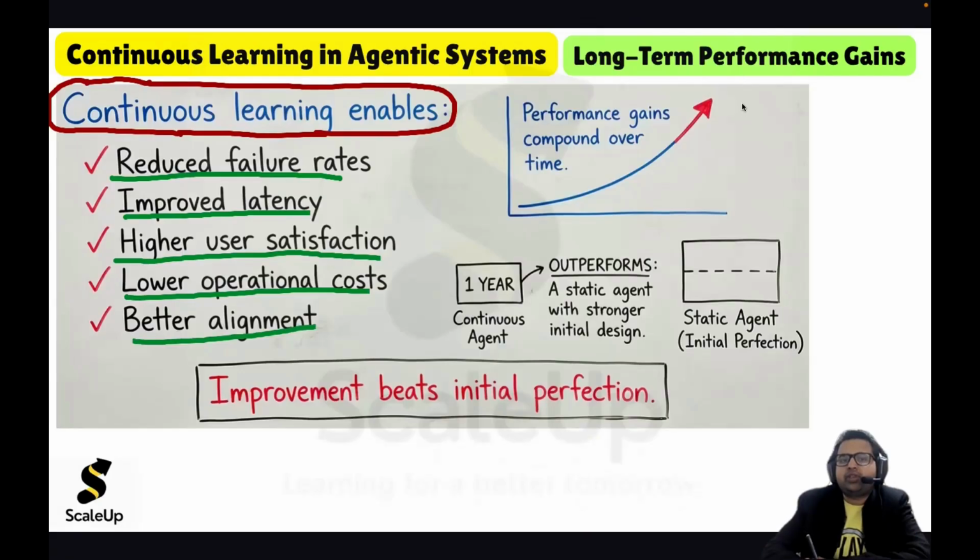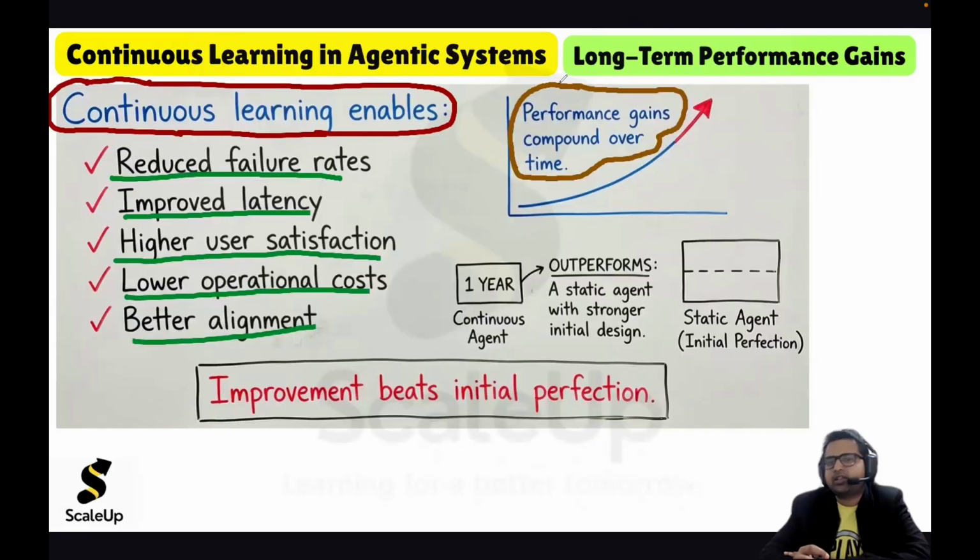So basically, with continuous learning in agentic systems, performance gains compound over time. With time, we will get long-term performance gains, wherein we will be able to reduce failure rates, improve latency, get higher user satisfaction, lower operational cost, and better alignment.